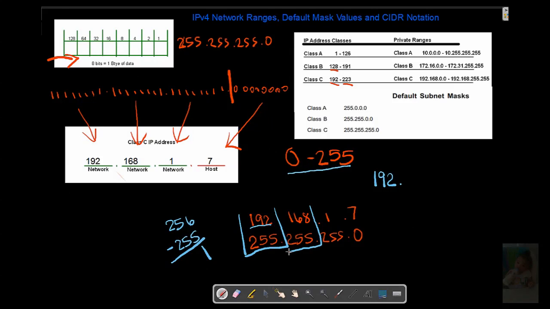Take this second block here. We create that same division: 256 possible numeric values minus the mask value associated to that octet. We can only have one possible value for this network in that octet. Repeat the process here. We can only have one possible value in that octet. Network, network, network. My city, my street, my state, my zip code, that is not adjusting in this example at all.